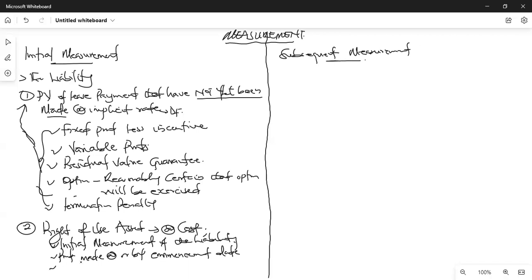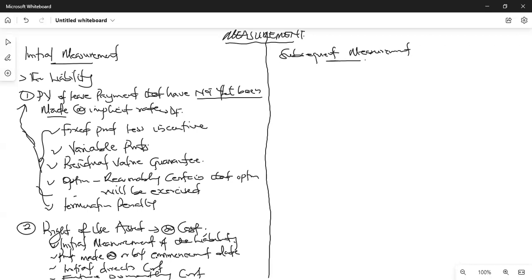Then we also have initial direct costs, just like we had before, and any future dismantling cost. These are the things you need to go through to determine your initial measurement on the lease. So take key note of that.